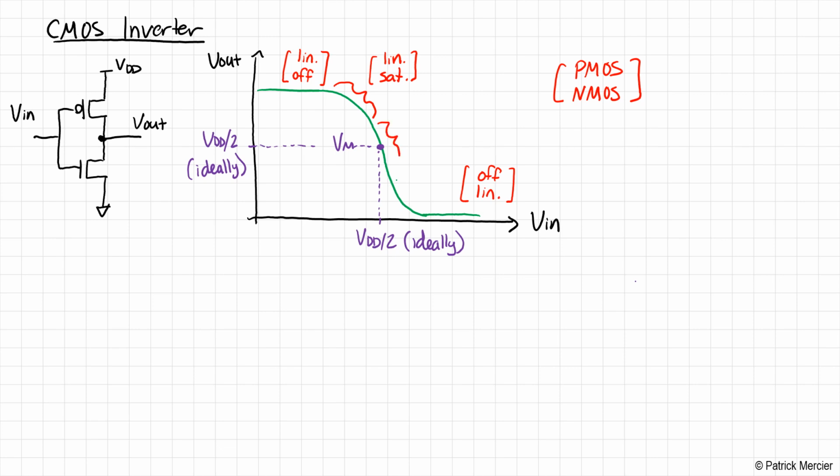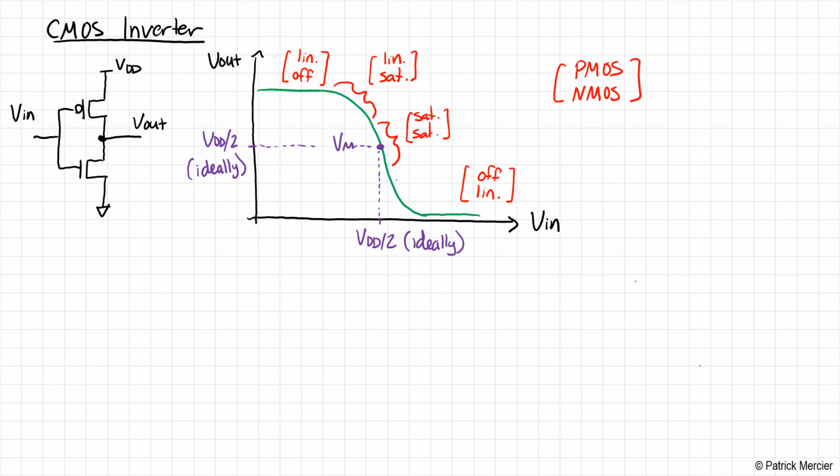Now then we'll travel to this region around the middle, where Vout is close to VDD over 2, ideally, which means that both transistors are on. Both transistors have appreciable VDS across them. So we're going to say both of them are in the saturation regime. And for those of you who are interested in analog circuit design, this is actually a perfectly good amplifier.